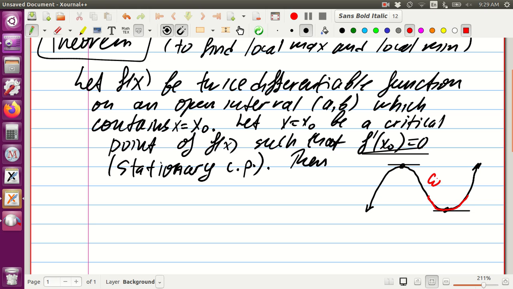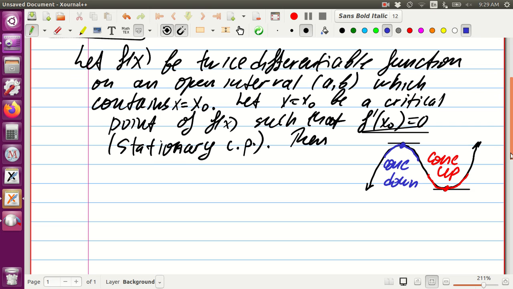Then we have a local min. And if the function is concave down, we have a local max. All right, that's what we want to write down.